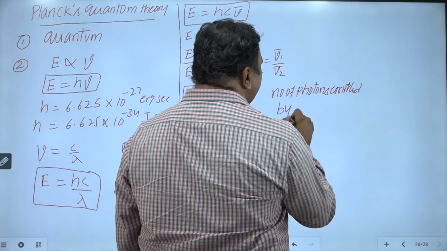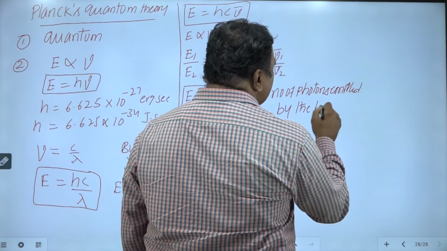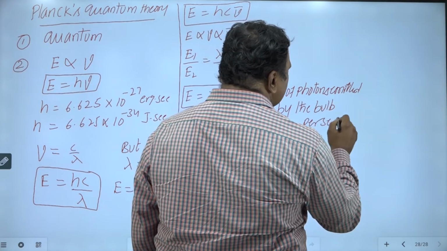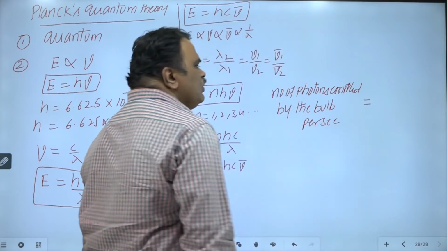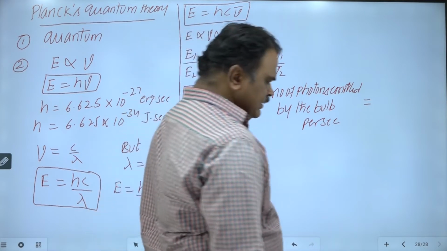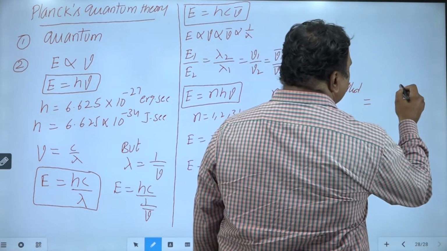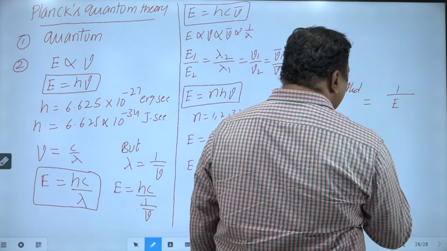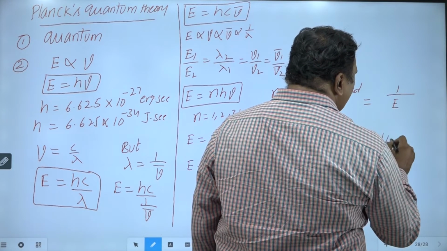Number of photons emitted by the bulb per second is equal to power divided by energy. Actually, 1 joule per second is 1 watt.